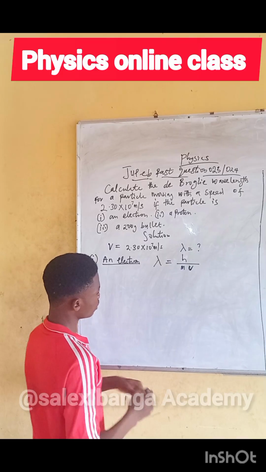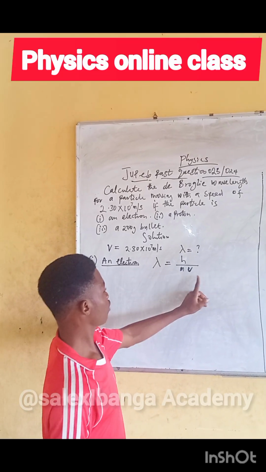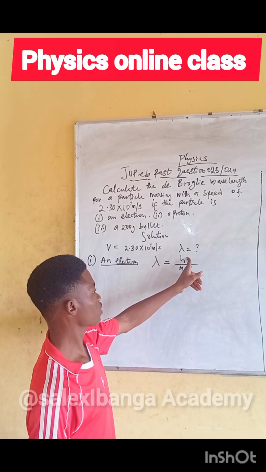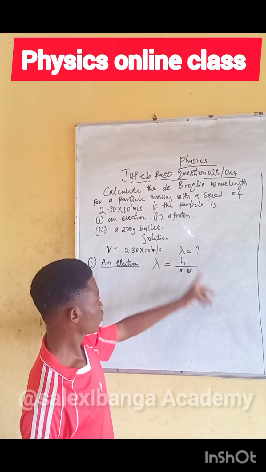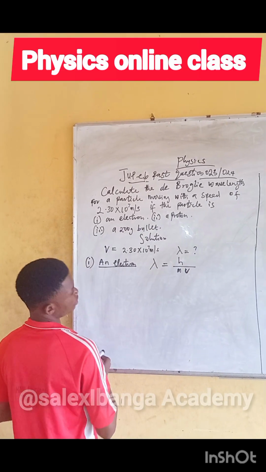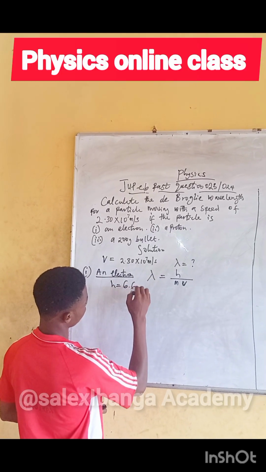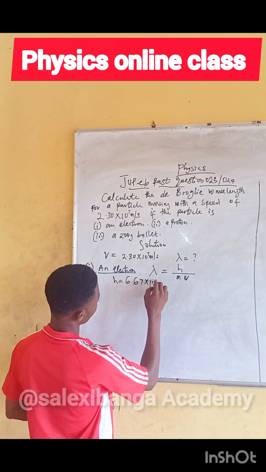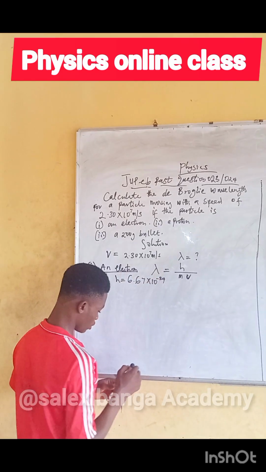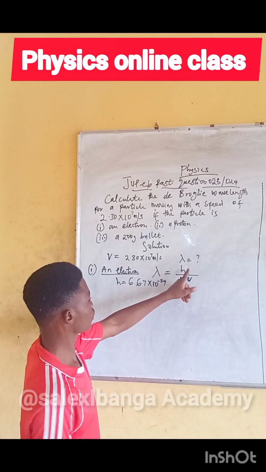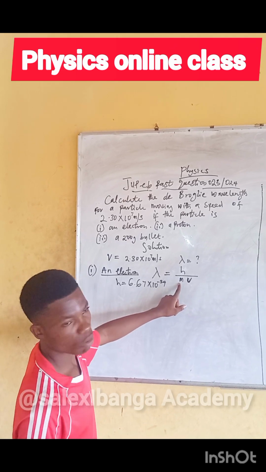We know that m is our mass, v is our velocity, and h is the Planck constant. The value of Planck constant is given to be h equals 6.67 times 10 raised to the power minus 34. This is the constant.